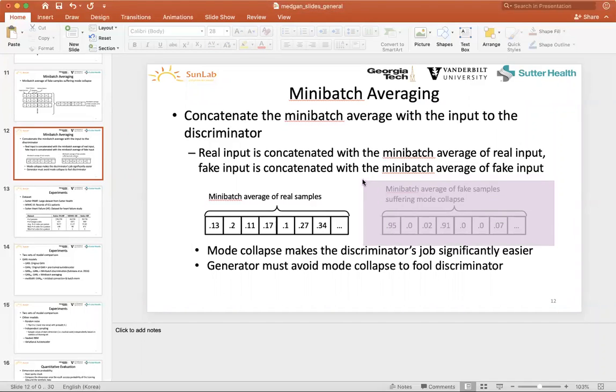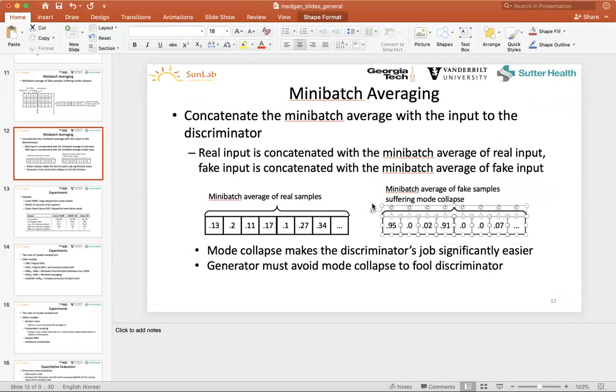If you provide this information along with the actual synthetic data to the discriminator, then it would be very easy for the discriminator to distinguish whether the given mini batch of samples are synthetic ones or real ones. So in order to win the game, the generator needs to generate more varied data, a more diverse set of samples. So that's one way to avoid mode collapse.